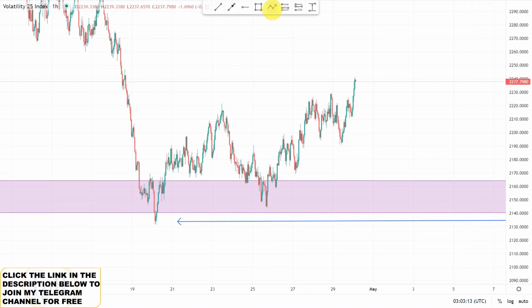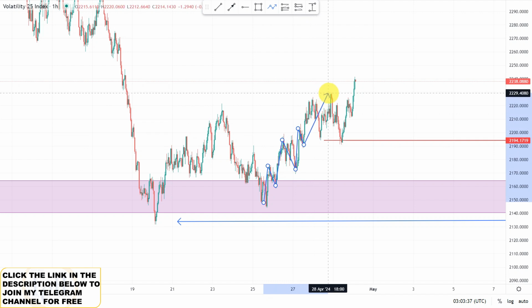Okay, now let us see an entry that we got today. The entry that we got today was on these numbers right here, 294 or 296, because they were main orders. So let us see, this market was moving in series of higher high, higher low, higher high, higher low, higher high, higher low, higher high.